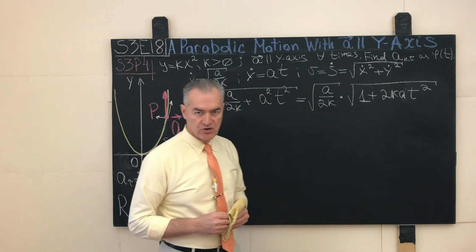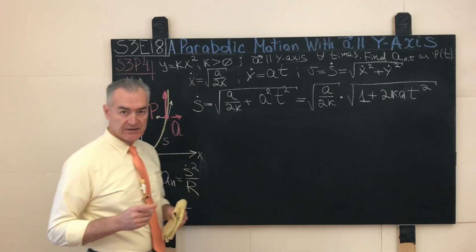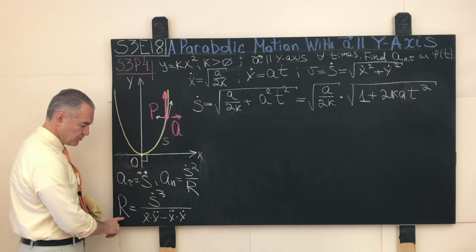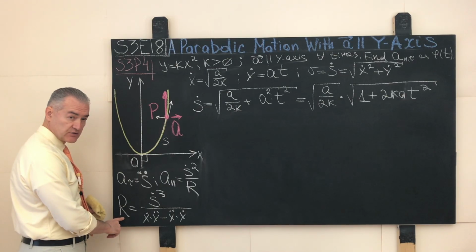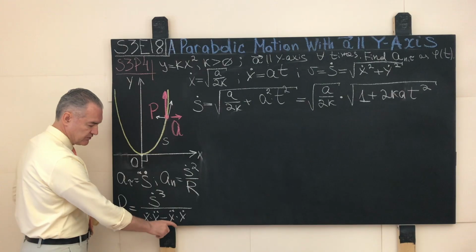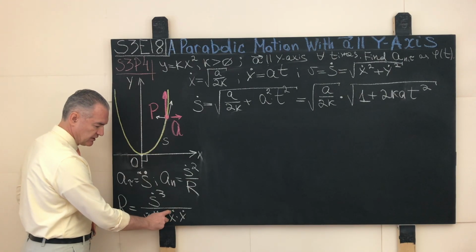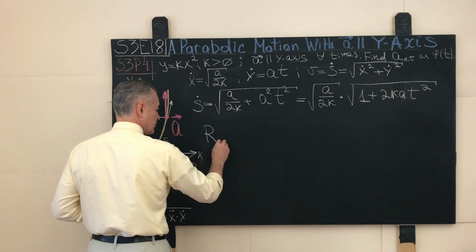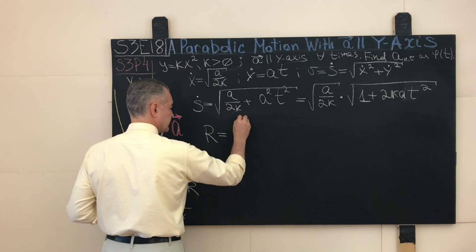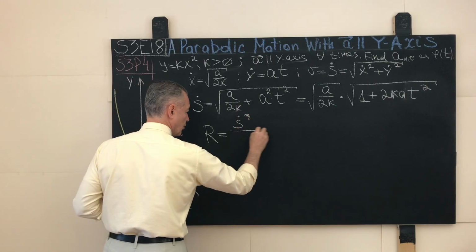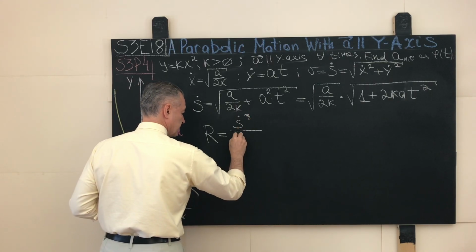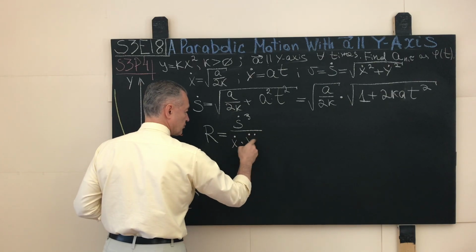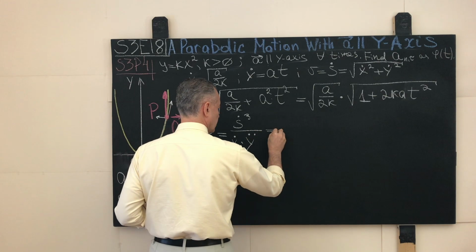We remember that the contribution of that acceleration along the x-axis vanishes, which means that in the corresponding formula for the curvature of the trajectory at a given point, the second derivative of x, x double dot, vanishes, and the shape for this radius of curvature becomes especially pleasant. It is s dot cubed over the first derivative of x times the second derivative of y, and we know all the expressions over here.